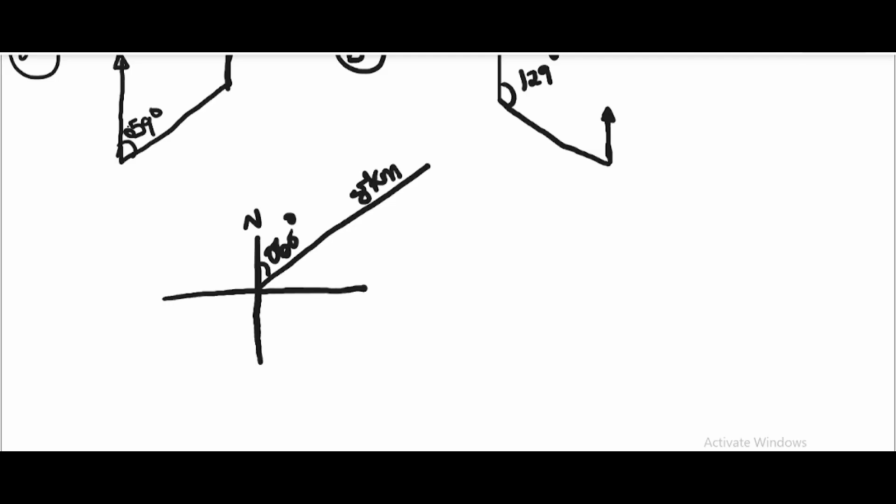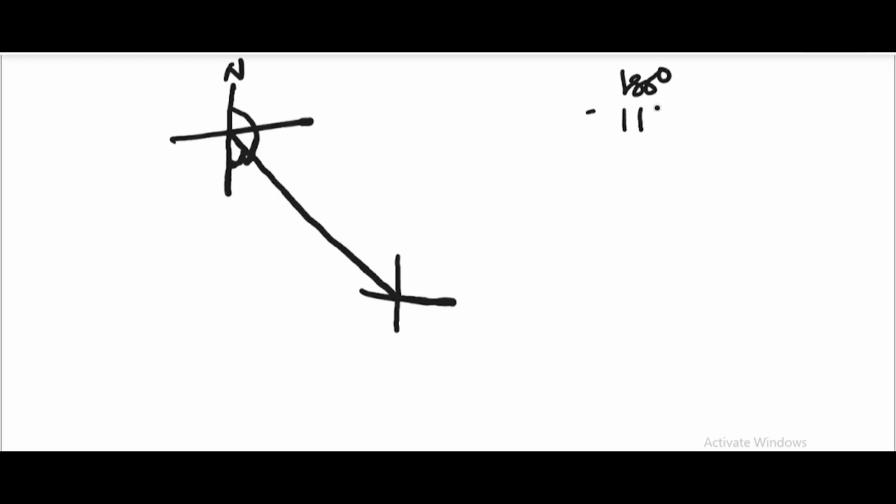Remember, I said I prefer working with the acute angle. So this is the bearing. 119, I will have 180 minus 119, and that will give us 61 degrees here.